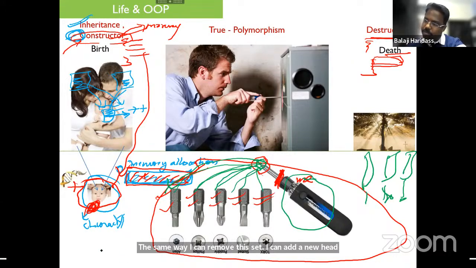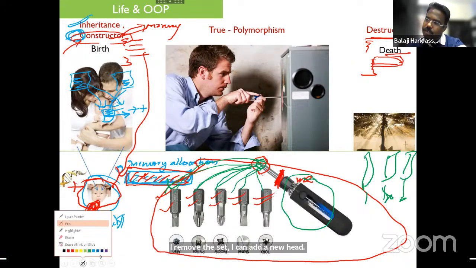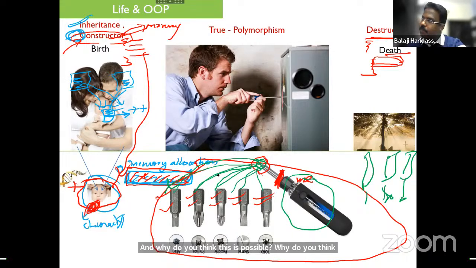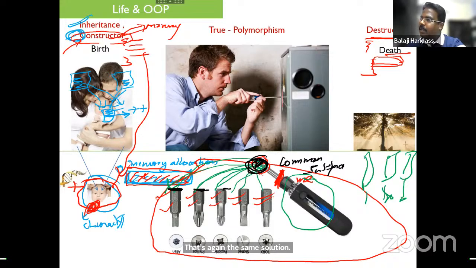And why do you think this is possible? Anyone? Because of the common interface. That's again the same solution. Because this interface and this interface are compliant, I can easily remove and add any interface.